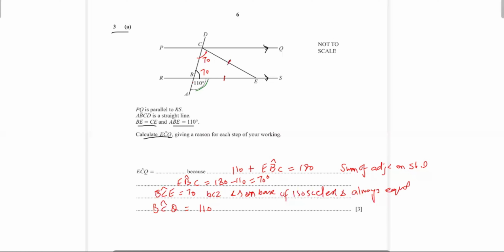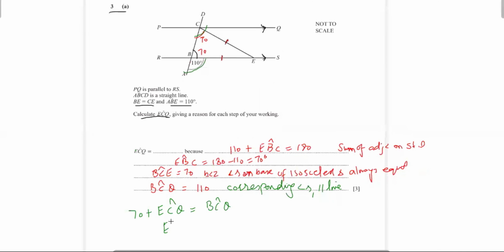You see here, this is the 110 angle, and this angle will also be 110, because of corresponding angles of parallel lines. Next, we have to find ECQ, and we can write 70 plus ECQ equal to angle BCQ, and this angle ECQ will be equal to BCQ, which is 110, minus 70, and we get 40 degrees, and this is the answer.